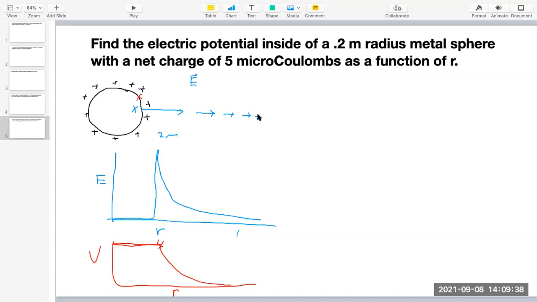So if we just need to plug in 0.2 meters, and get 1.44.